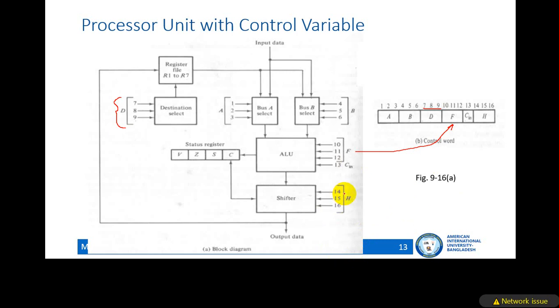Now, these 3 bits, positions 14, 15, and 16, are for the shifter: how you will shift the result from the ALU to the output bus. If you want to send the result directly without any change, that means 0, 0, 0, no shifting.